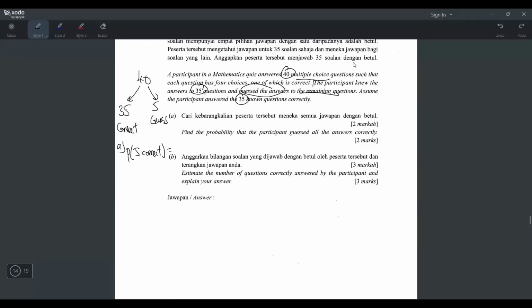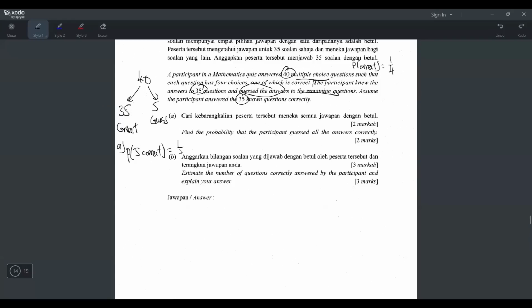It means the probability of getting one correct question is 1/4. Okay. So if you guess in exam, ABCD, you main tembak macam tu, the probability of getting it correct is only 1/4. 25% lah. 25%. Right?